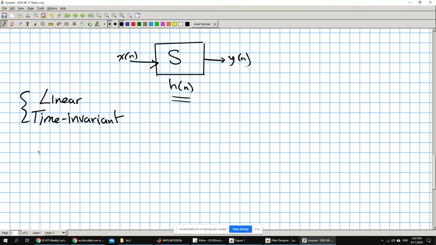If you talk about linearity, the criterion that determines linearity is based on what's called superposition. It's something you probably saw in the signals and systems course, your undergraduate course, but it's very important to have that concept here.